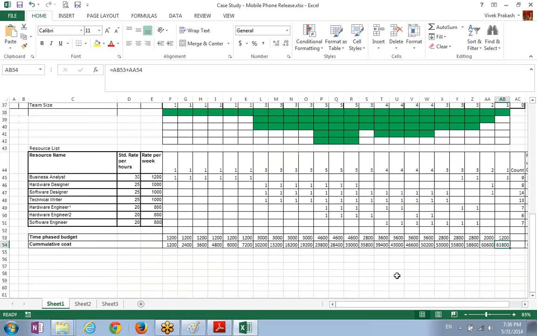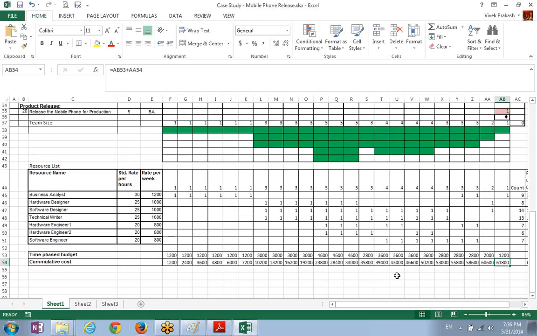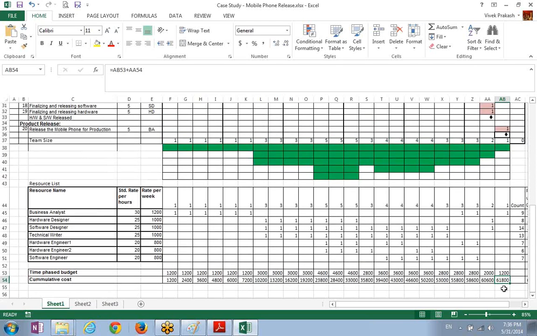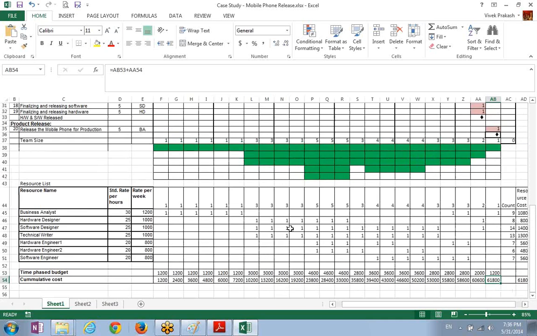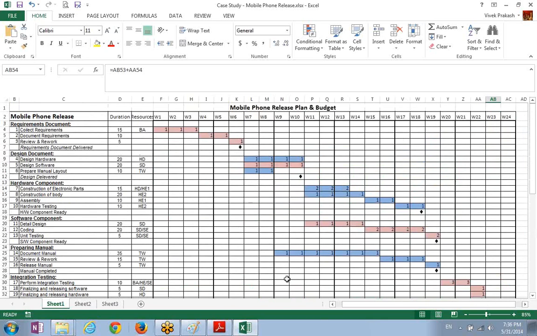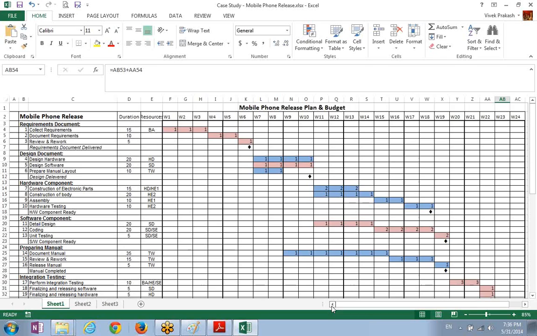Correct? So if you prepare this kind of sheet for your projects, everything from planning to budgeting is mentioned here, in one sheet.